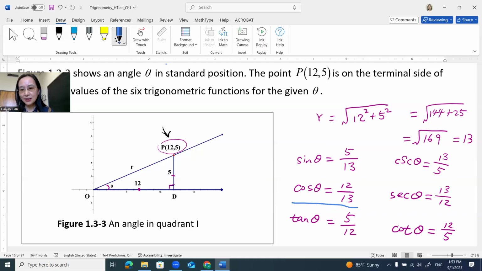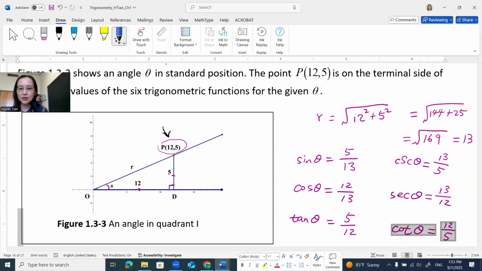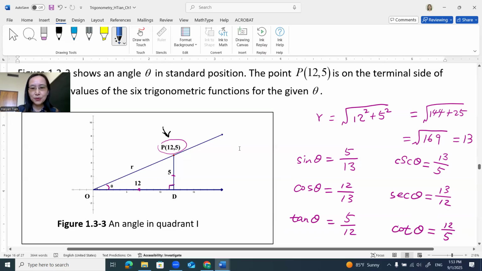Cosine is x over r, secant is r over x, they're reciprocal to each other when they are both defined. Tangent is y over x. Cotangent is x over y, they're reciprocal to each other when these two functions are both defined. So then we see some reciprocal properties from the definition.